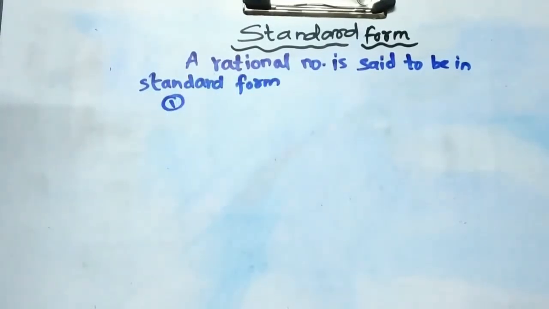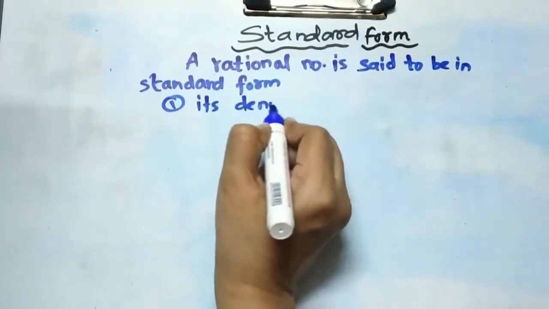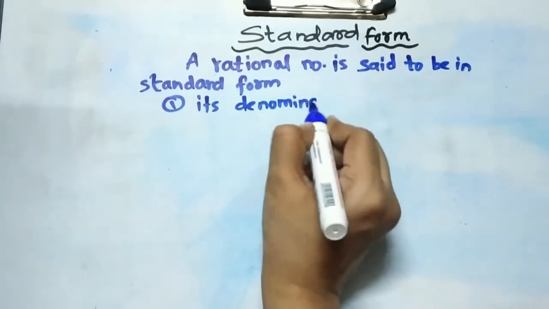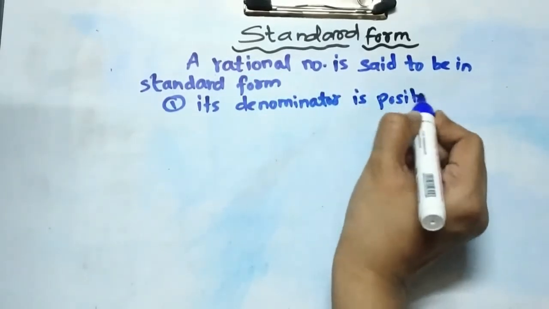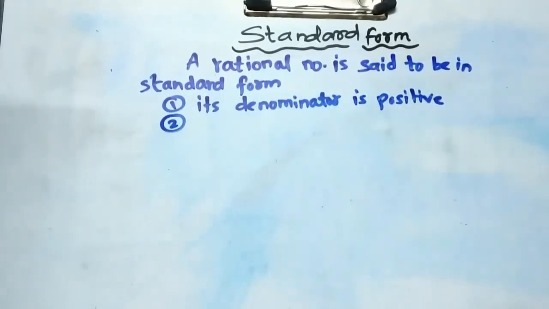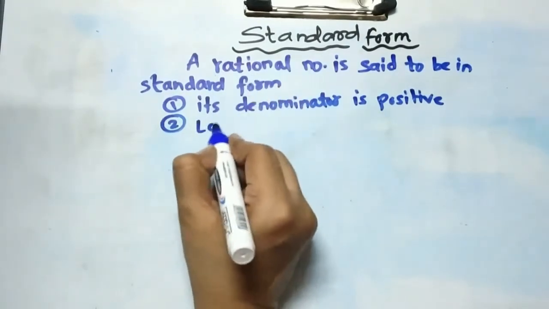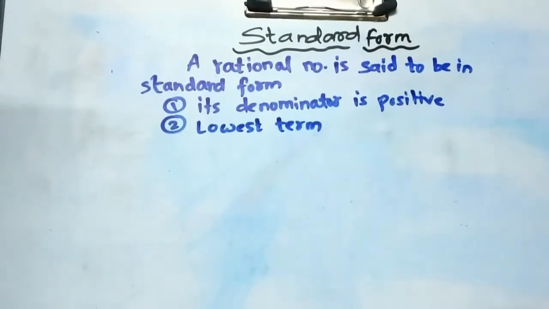Number 1 is that its denominator is positive, and the next is that it is in the form of the lowest term. The rational number should be in the form of lowest term, means that is a simplified and reduced form.